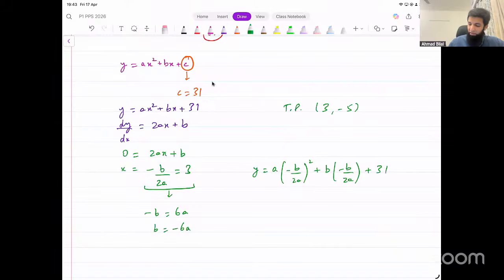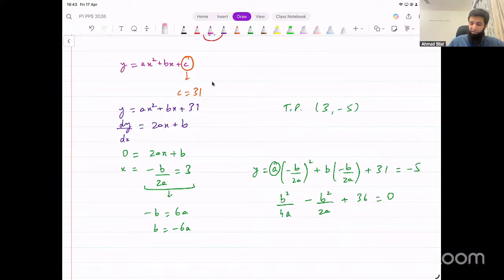That's one equation. The y coordinate is supposed to equal negative 5. So we equate this to negative 5 and this gives us another equation. Simplify this. You get b squared divided by 4 times a. 1a will get cancelled in the denominator. This is what we get. Minus b squared over 4a plus 31 equals negative 5, so b squared over 4a equals 36.